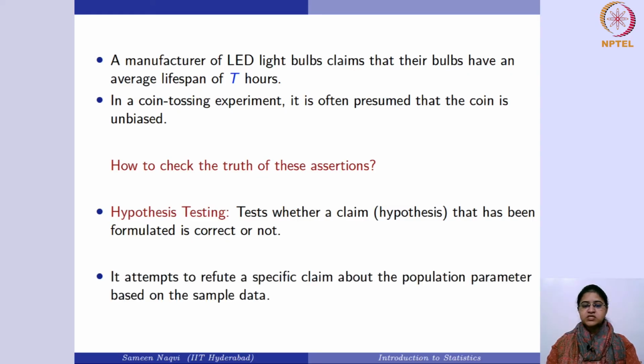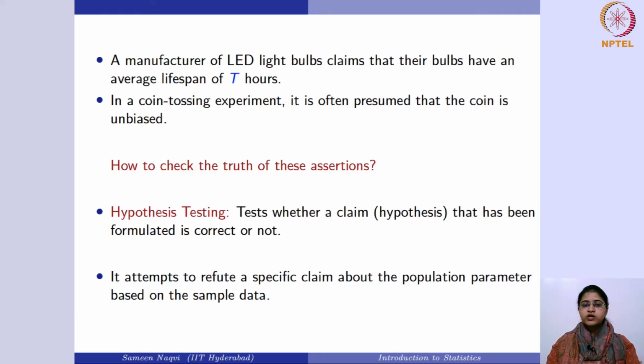Basically in this, we attempt to refute a specific claim about the population parameter based on the sample data. So for instance, if you're considering the manufacturer of LED light bulbs, he has made a claim that the average lifespan of the LED light bulb is, say, 50,000 hours. Now, the quality control engineer there might be interested to see whether the claim which has been made is correct or not.